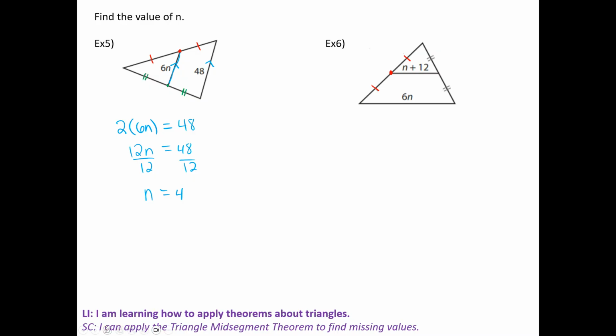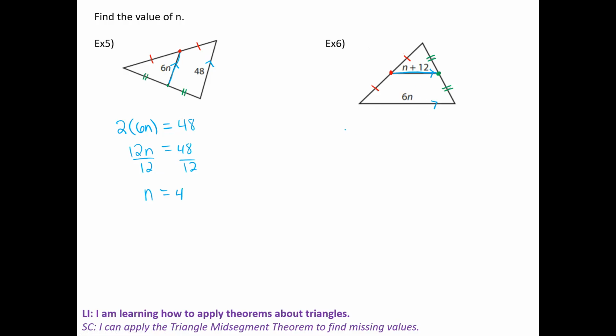And then in a similar way, I'm going to switch to green with my 2 tick marks and 2 tick marks. That means this point here must be the midpoint. And if I have a segment connecting midpoints, we call that the mid-segment. And we know the mid-segment is parallel to a side of the triangle. And once I have that, then I'm ready to try to figure out what n is.